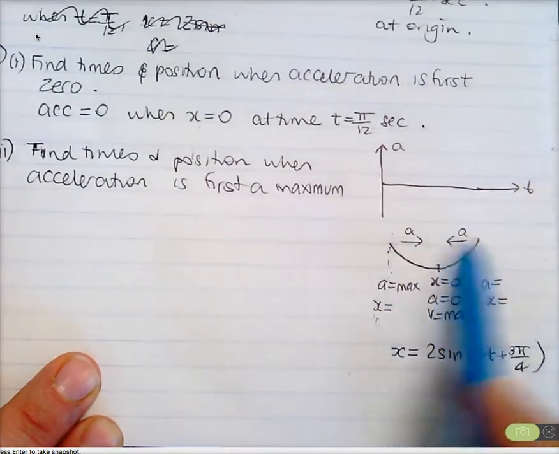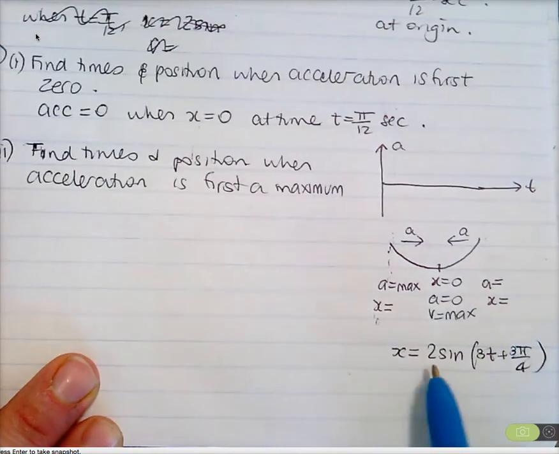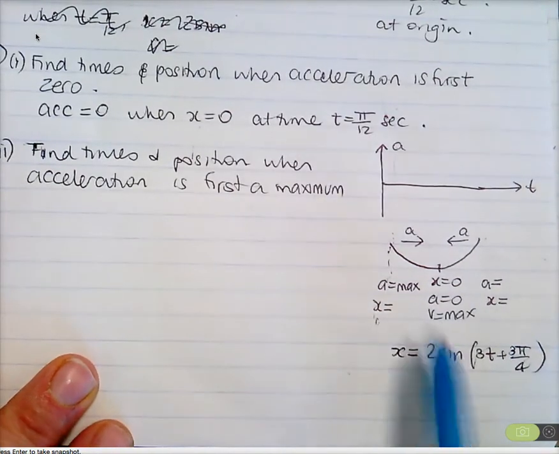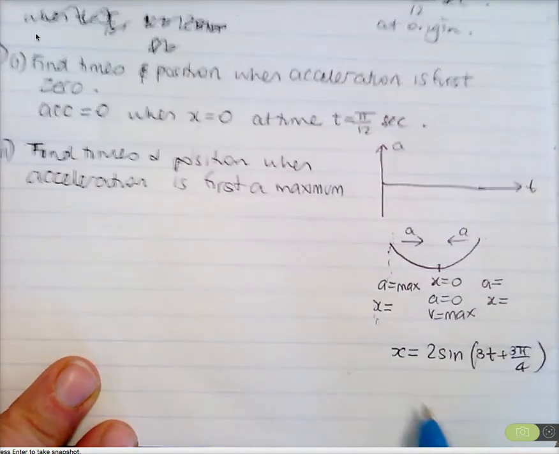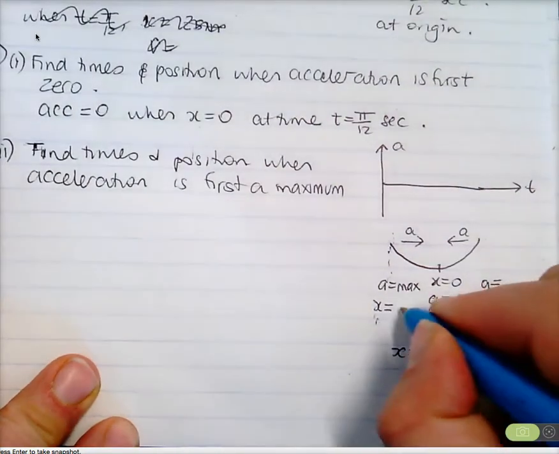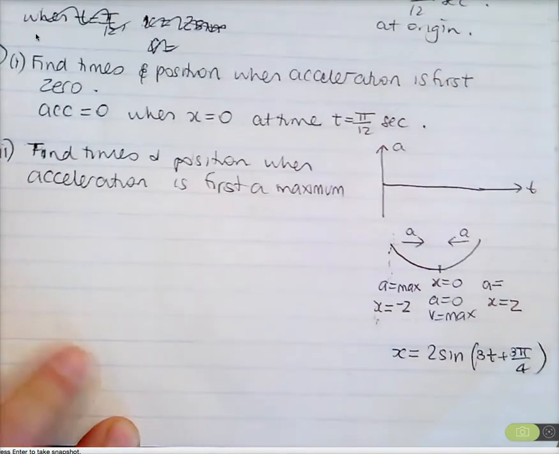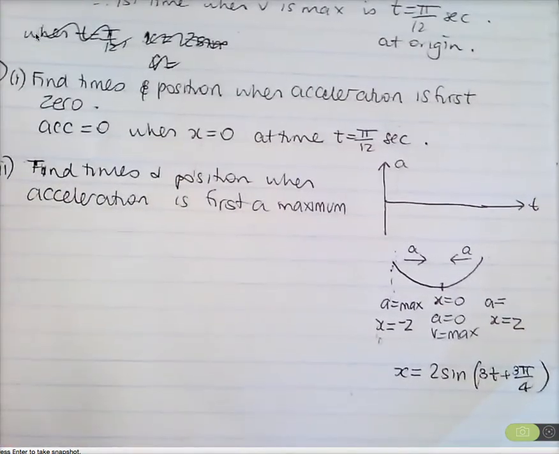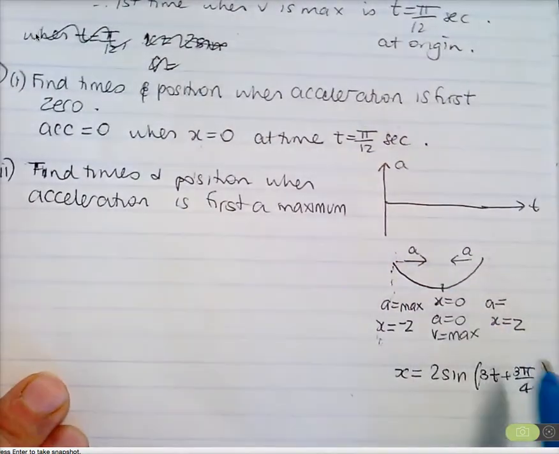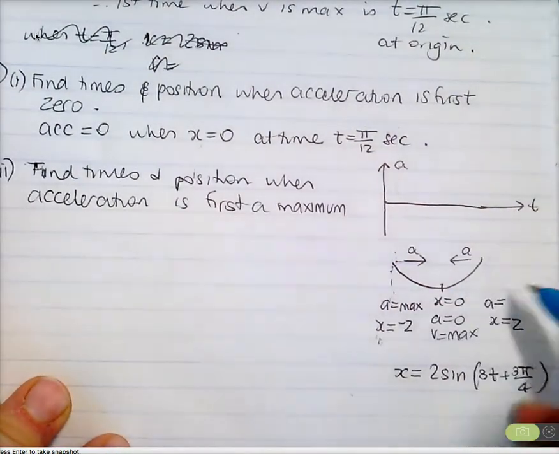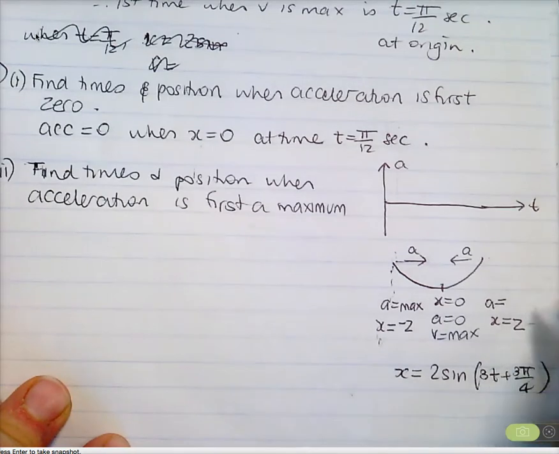Guys, on the ends of the motion, x is what? Amplitude's 2. This means the particle goes from 2 to negative 2. Yeah, this one's negative 2 and this one's 2. So acceleration is max when x is negative 2 because it's acting in the forward direction. We can have a look at when we put x is 2, you'll get the opposite.